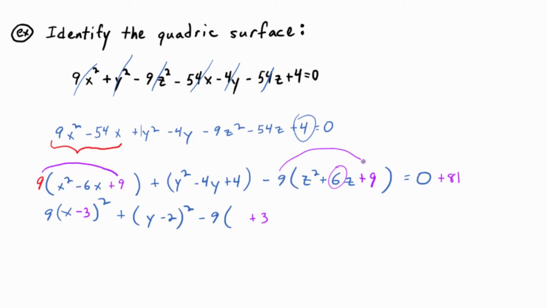Negative 81. That means I have to subtract 81. I'm back to 0. And then what does z squared plus 6z plus 9 factor to be? Z plus 3 quantity squared equals 0.